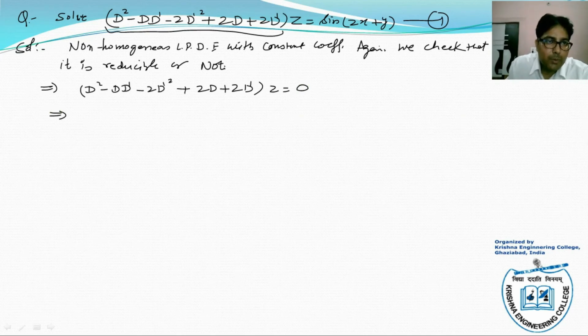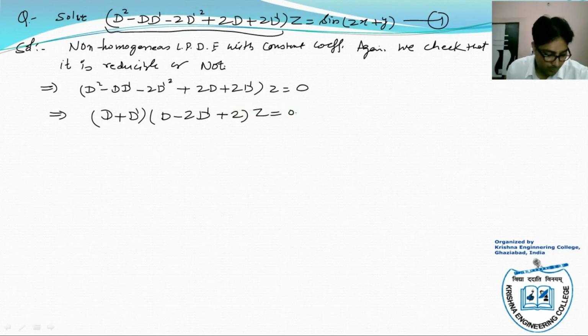In the previous problem, we factorized it as (D plus D') into (D minus 2D' plus 2) z is equal to 0. So for finding the CF, in the first factor A is 1, the coefficient of D, B is the coefficient of D', which is 1, and C is 0.